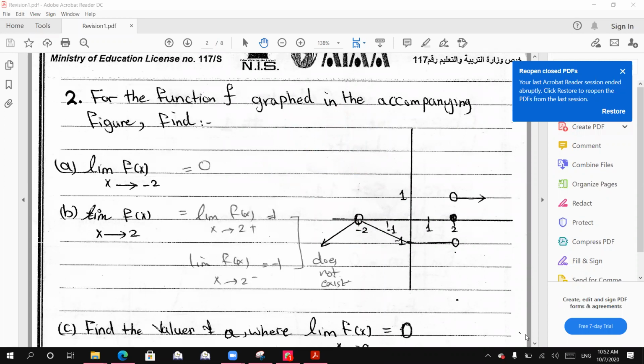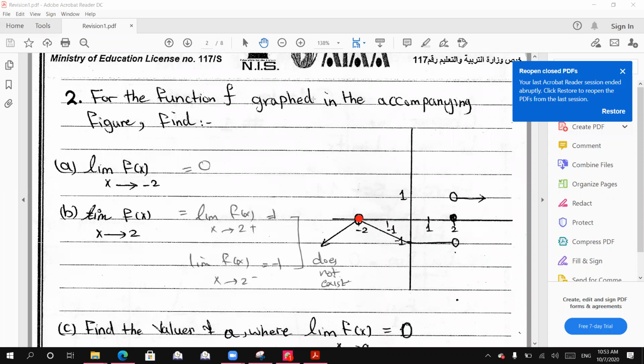So if I want to make it a closed one, I just put a closed circle here. So I can say there's a value of f of -2, which is equal to 0, and the limit also exists, which is equal to 0. And since now the limit is equal to the value of the function, I can say the function is continuous at point -2.